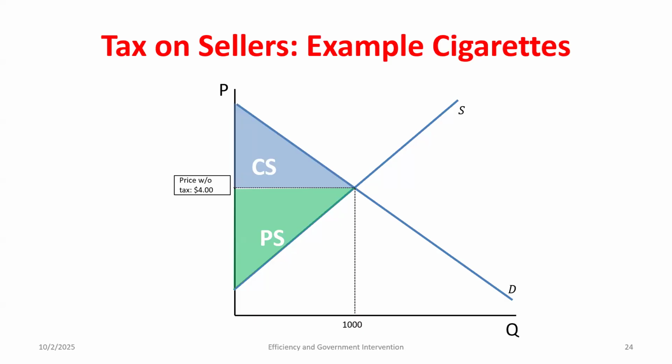Another way to think about this is the price that a consumer pays after the tax will be equal to the price the seller gets to keep plus the value of the tax, right? If the consumer pays $50, the tax is $10, the suppliers only get to keep $40. Because there's now a tax, the consumers will pay this higher price, but sellers only get to keep whatever the consumer hands over to them, and then they have to take out the tax and pay the government.